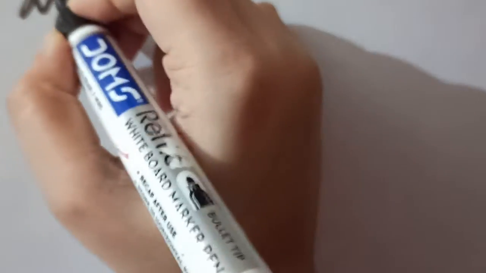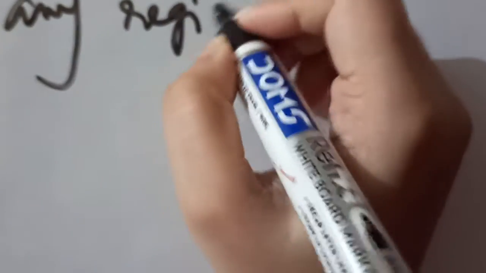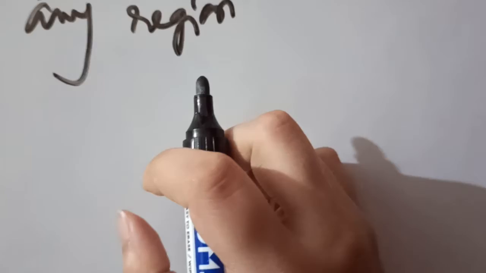So another effect of the ocean current is climate change. It does change the climate of the surrounding region. So let us see how. First is that if a warm ocean current passes by any region, what happens?